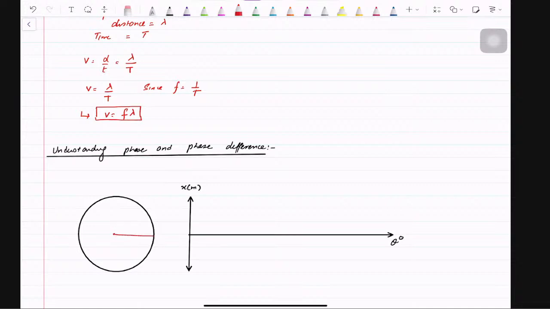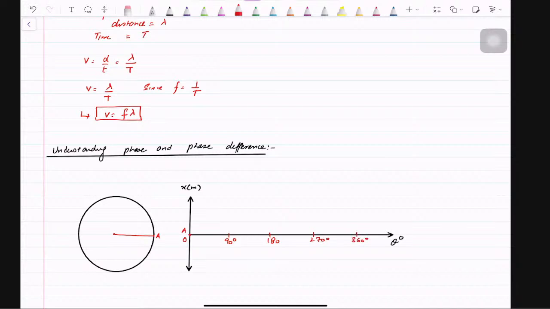Let's call this A. So when A is here, we'll segregate it into 0 degrees, and then 90, and then 180, 270, and 360 degrees. Okay, like that.